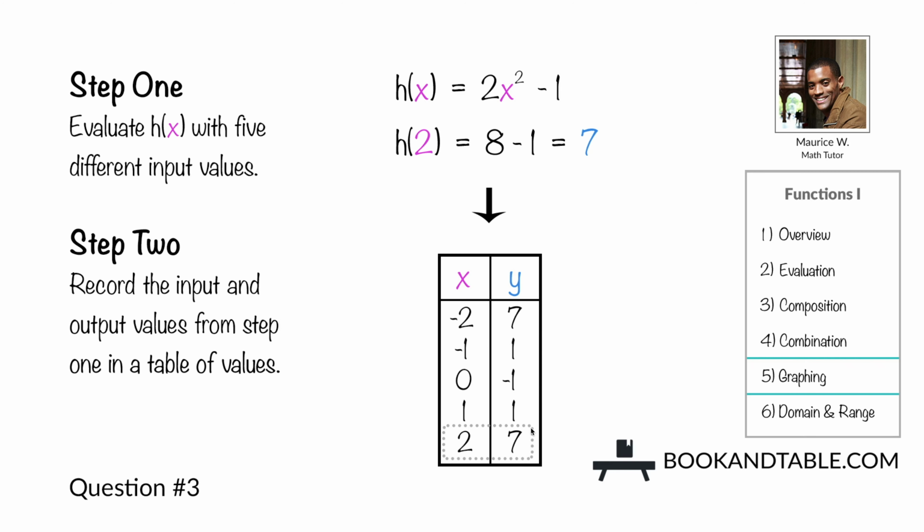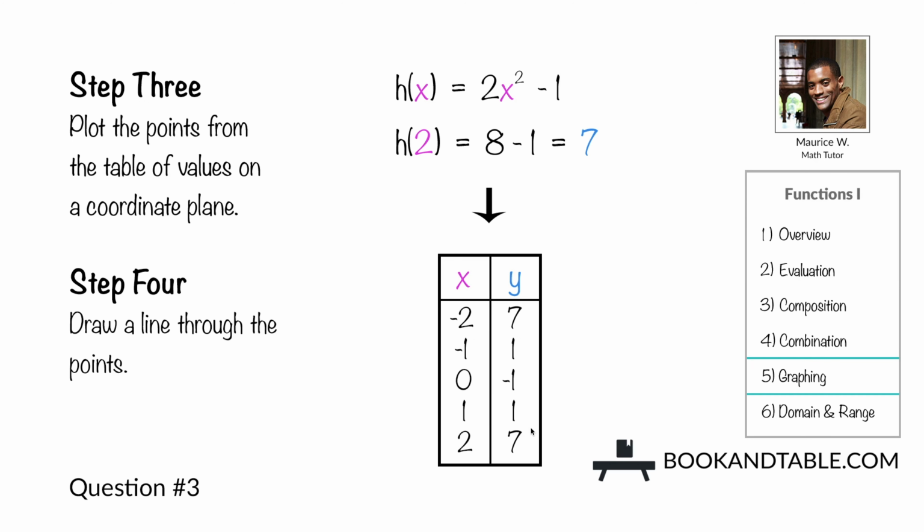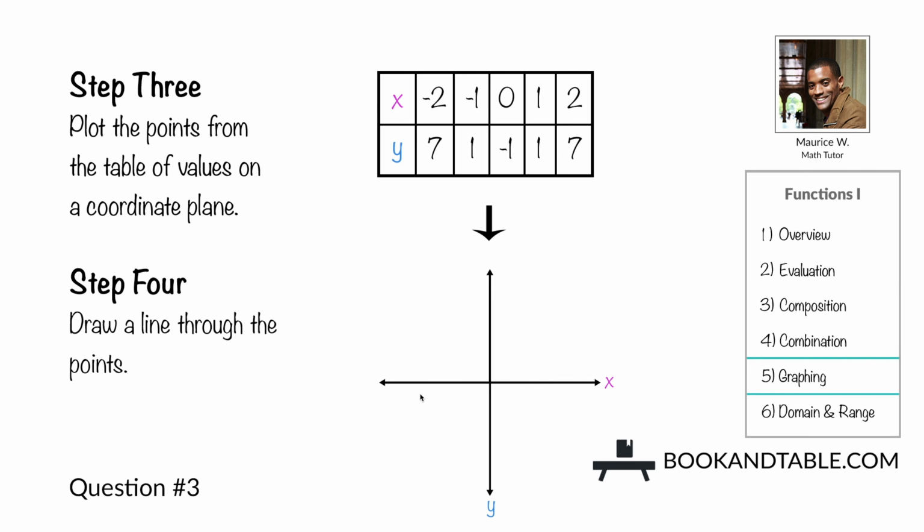So now that we have the 5 points we are going to use to sketch h of x, the third step is to plot the points from the table of values on a coordinate plane. And then step 4 is to draw a line through the points. The first point is -2, positive 7. The second point is -1, positive 1. The third point is 0, -1.